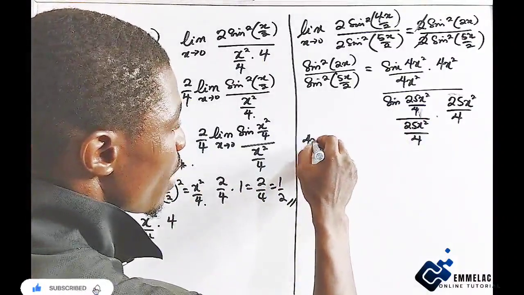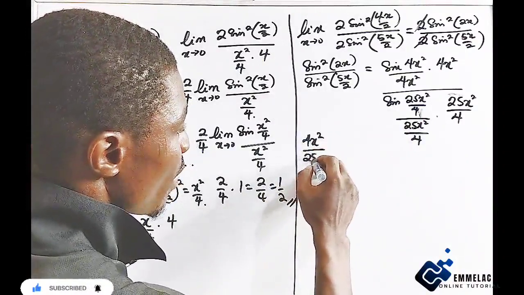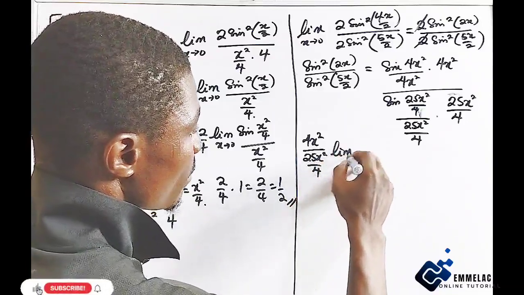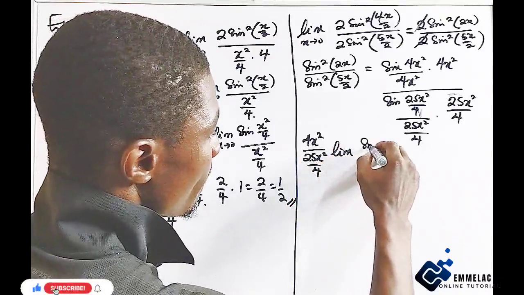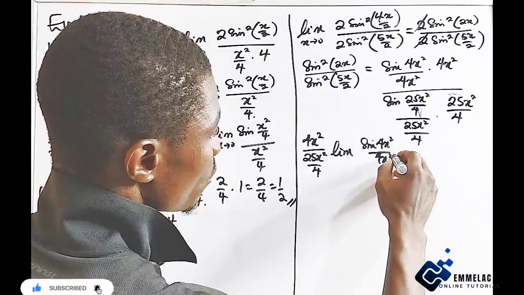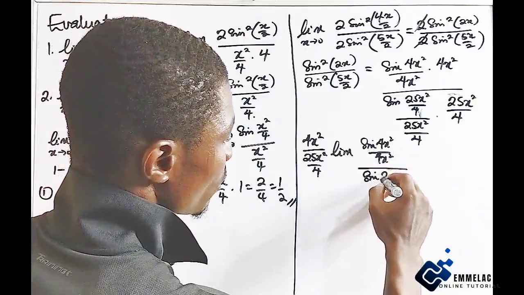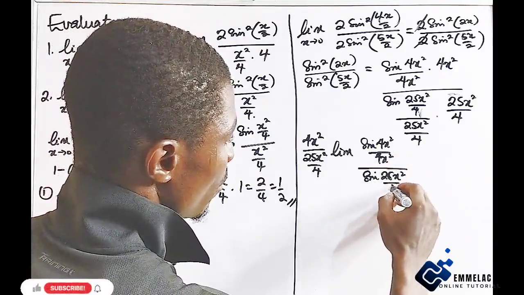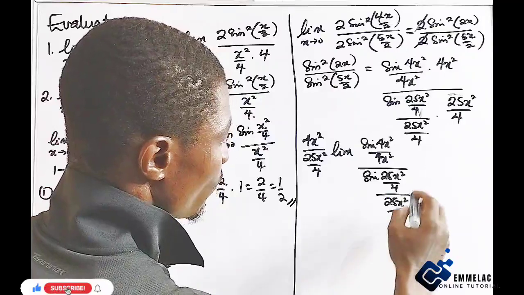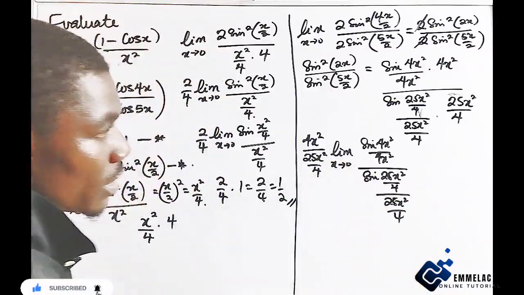You have 4x squared all over 25x squared all over 4, limit of sine 4x squared all over 4x squared all over sine 25x squared all over 4 all over 25x squared all over 4, as x tends to 0.